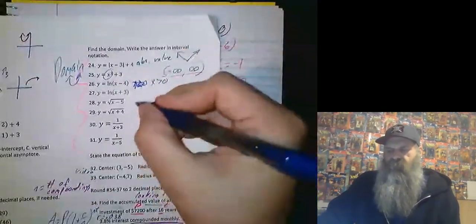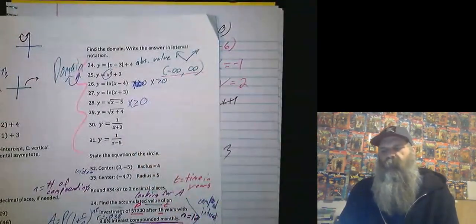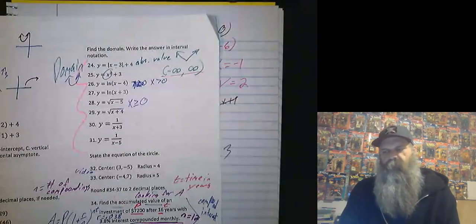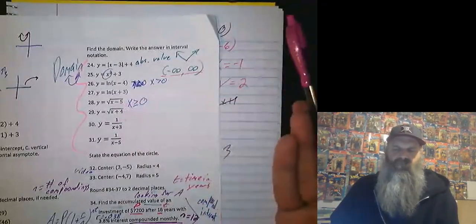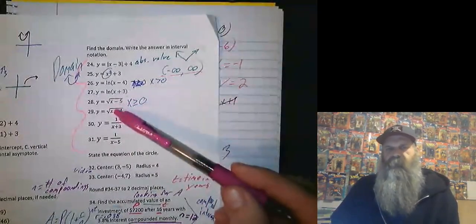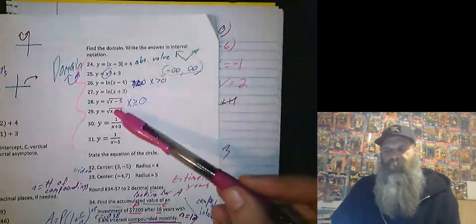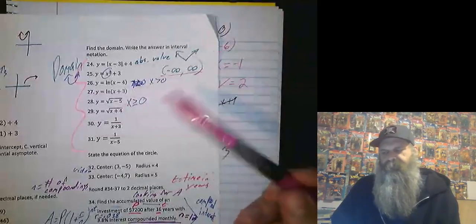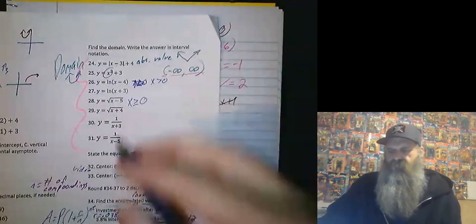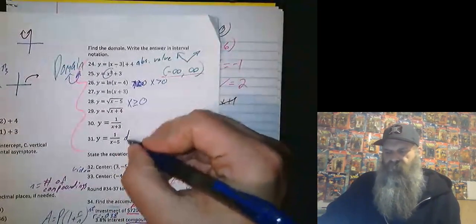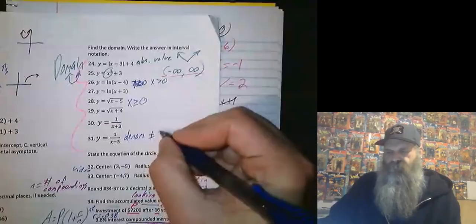But here, x can be equal to 0. For a radical, for a square root, the square root of 0 is 0. It's not an error. But the square root of anything negative, you'll remember that we get imaginary solutions. And then down here, it's just that the denominator cannot equal 0.